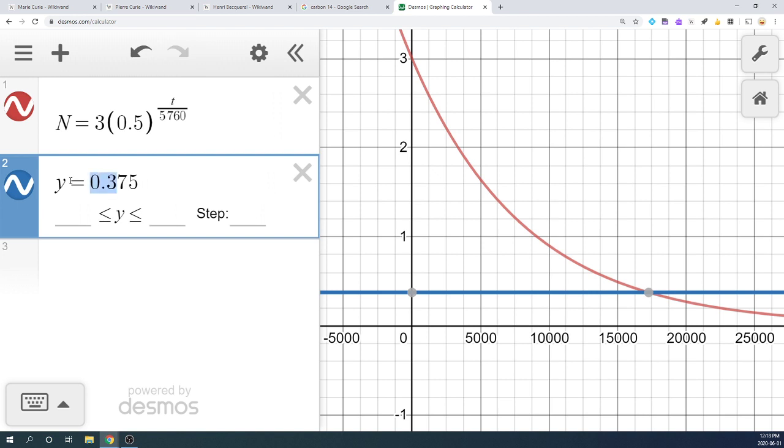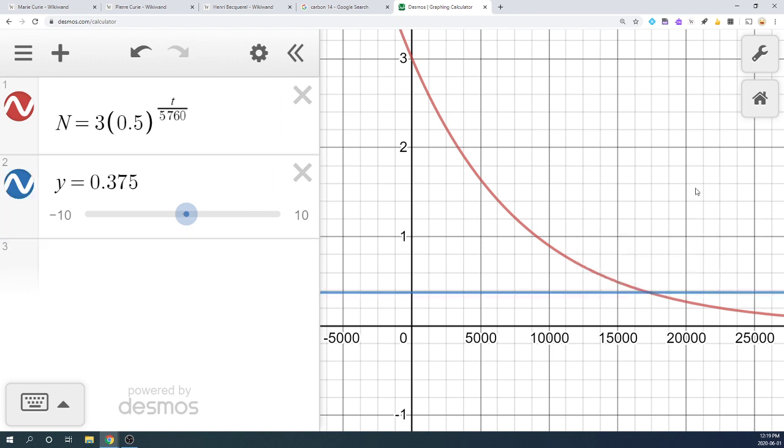Then we can graph it like this and find the intersection point. Well, it would take 17,280 years, which happens to be about 3 half-lives. That's actually 5,760 times 3 to get 0.375 kilograms.